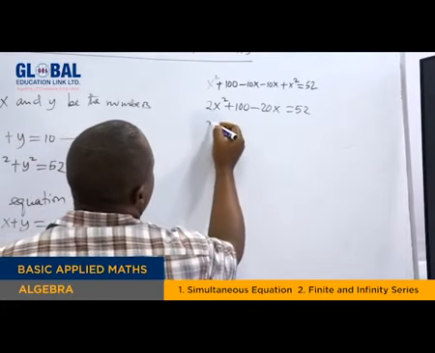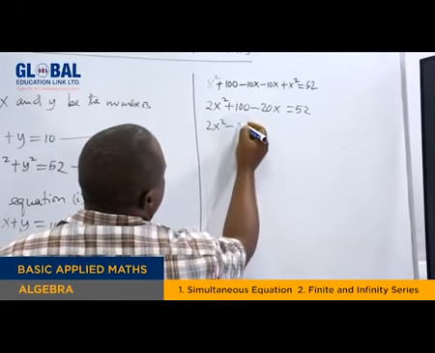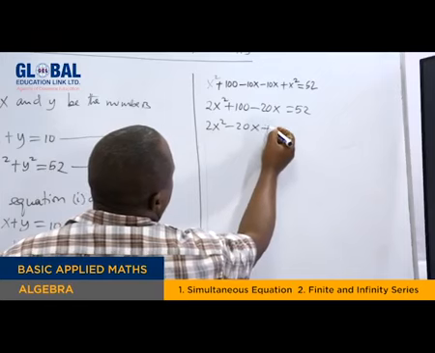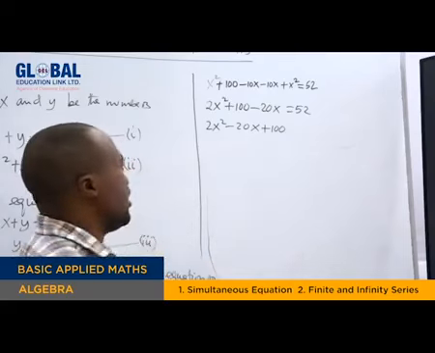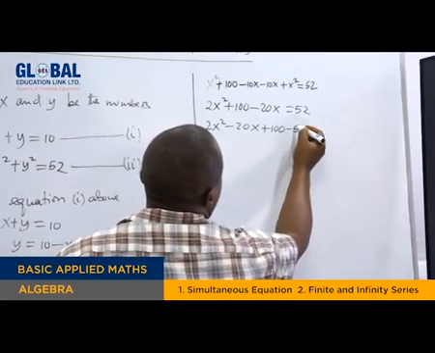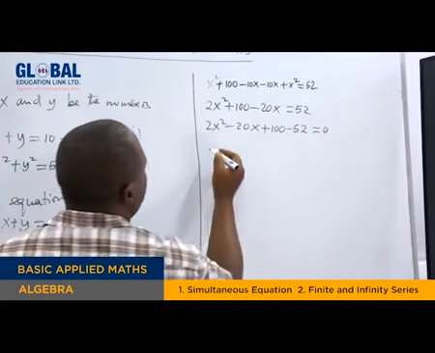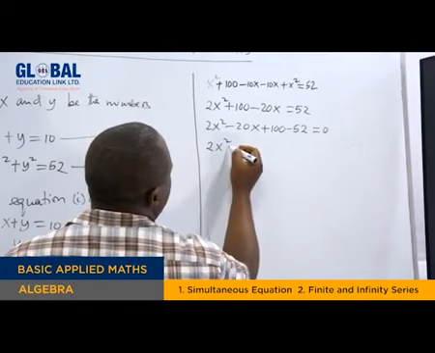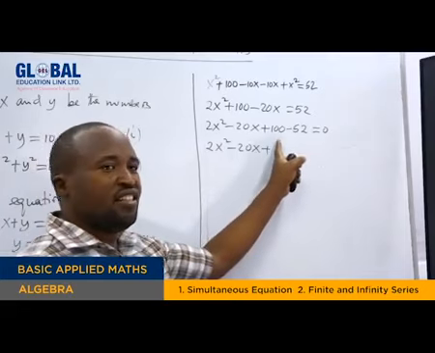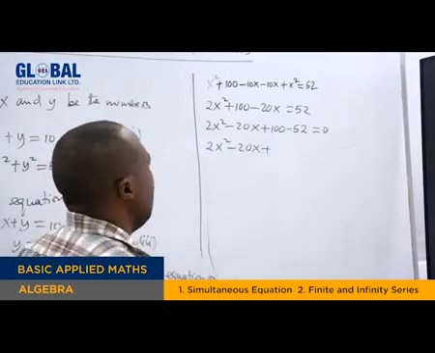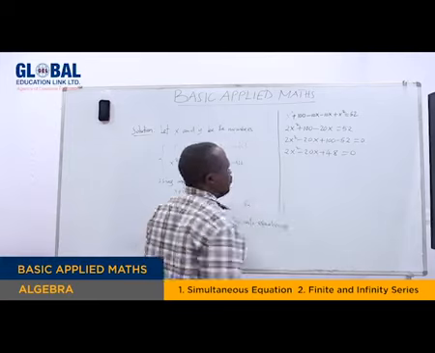So we have 2x squared minus 20x plus 100. Now we shift 52 to the left-hand side, so minus 52 is equal to 0. Now we have 2x squared minus 20x plus 100 minus 52, which is positive 48, equal to 0.